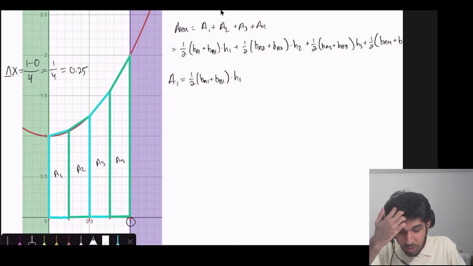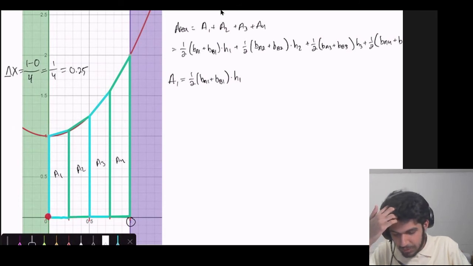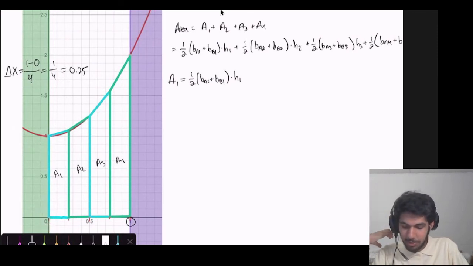So, what is ba1? ba1 is one of these bases. So let's just take the left base. The height of that is determined by the function value of the left-hand side, which starts at 0. Remember, we traced up starting at 0 until we hit the function, which occurs at f of 0.